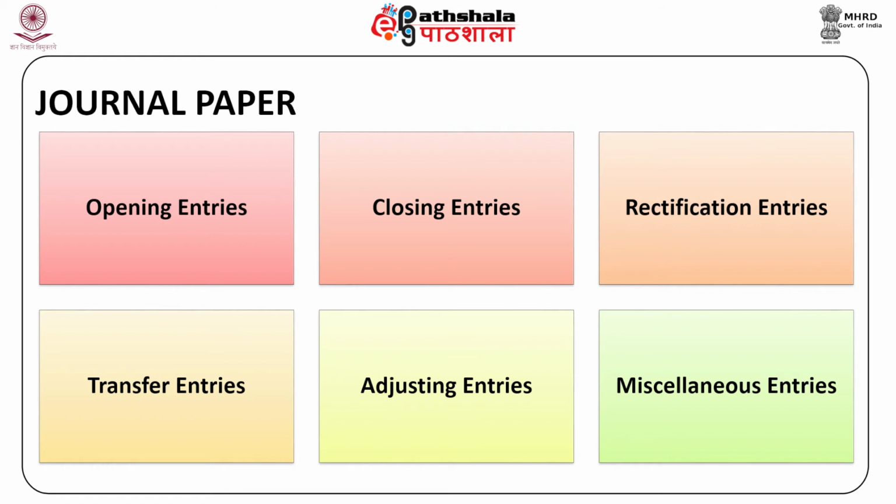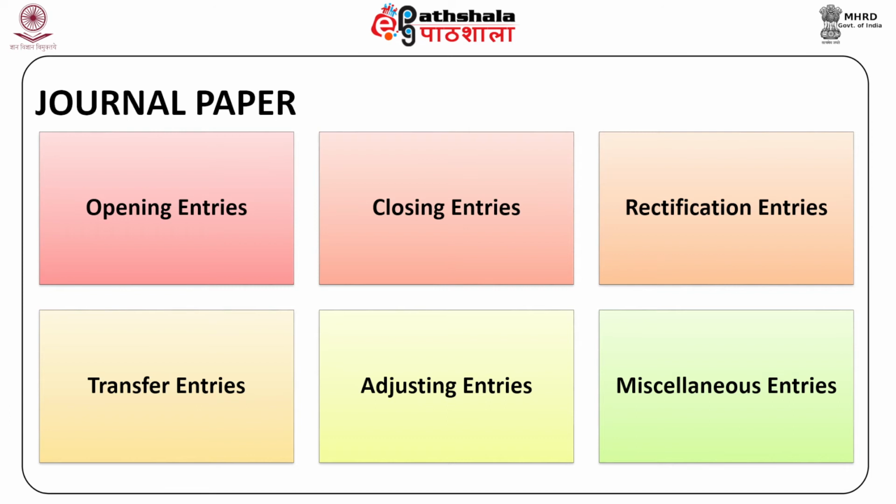Then number 5, adjusting entries. These are usually passed at the end of the year for adjustment of outstanding items, prepaid items, interest on capital, depreciation, etc. Then number 6, miscellaneous entries. These transactions are recorded through journal entries to be passed in the journal proper.